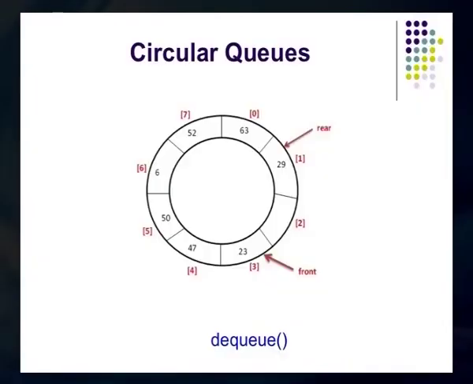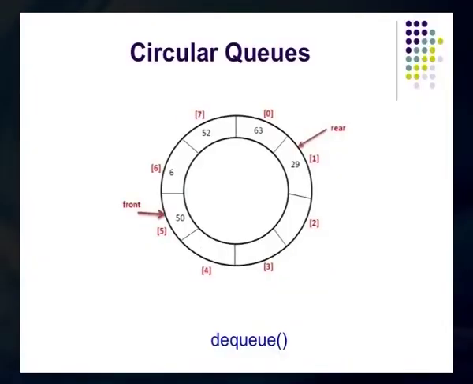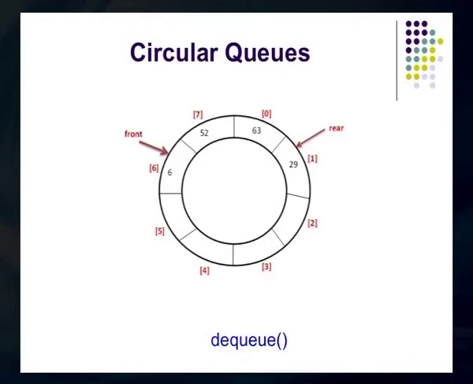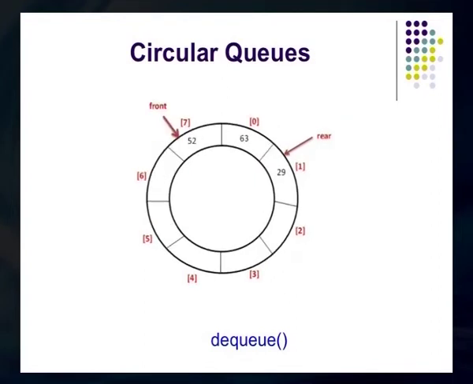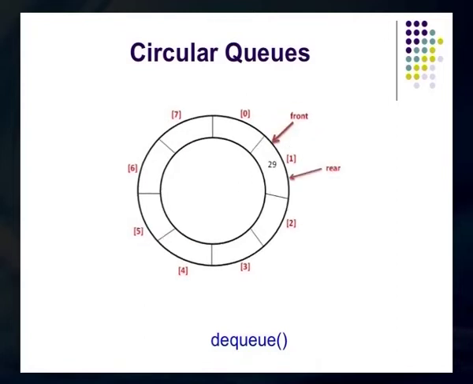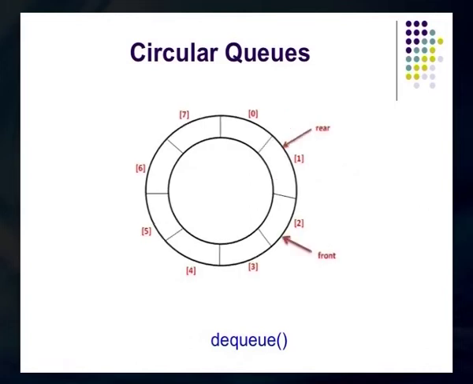Next, if we start deleting the elements one by one, the state of queue in different stages is as shown. When all the elements have been deleted, the state of the queue is, as we can see, front is 3 and rear is 2.